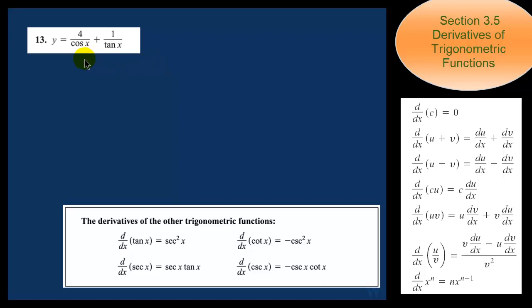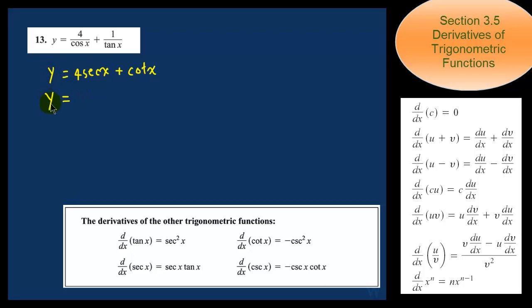You can either use the quotient rule for these two terms or rewrite them. 4 over cosine x is the same as 4 times secant of x. And then 1 over tangent is equal to cotangent of x. And then that's your y.